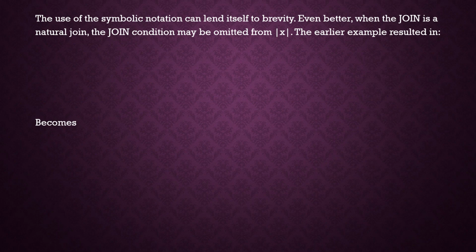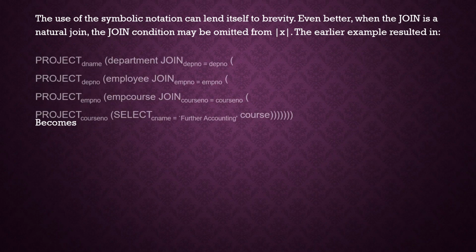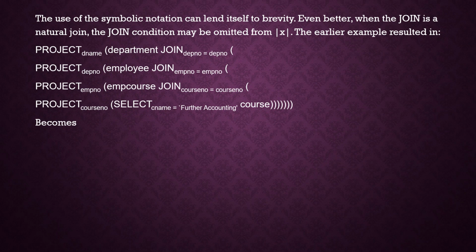Next, the use of symbolic notations can lend itself to brevity even better when the join is a natural join. The join condition may be omitted from the determinant X. The earlier example resulted in, see, project.